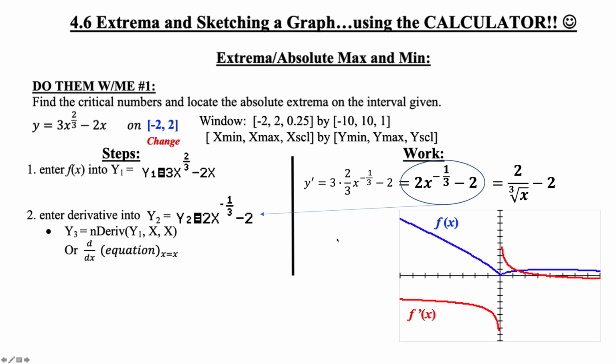So here's my two graphs. The blue is y1, that's my original function. The red is my f prime. All right, now entering y3, when we enter this, you're taking the derivative with respect to x of this equation in y1, and we want to evaluate it at all the possible x's.